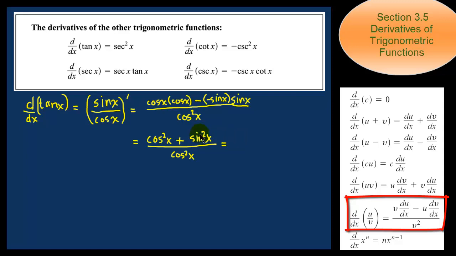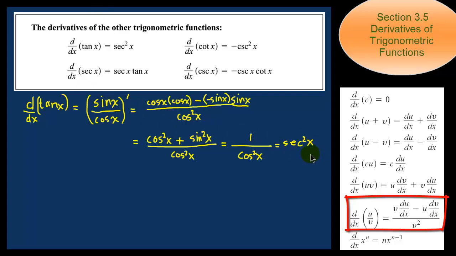That's why the sum of squares, cosine squared x plus sine squared x, is equal to 1, and the whole thing divided by cosine squared x. And what is the reciprocal of cosine? It's equal to secant squared x. Therefore, the derivative of tangent is equal to secant squared x.